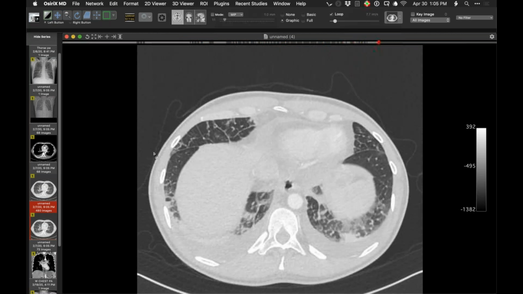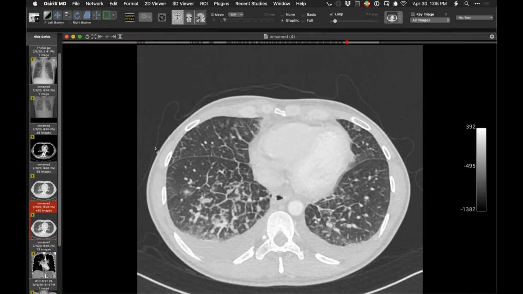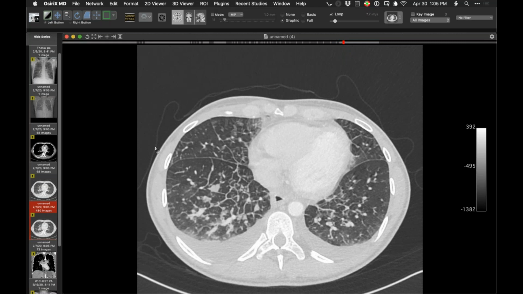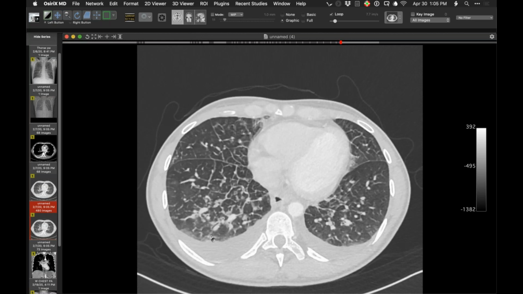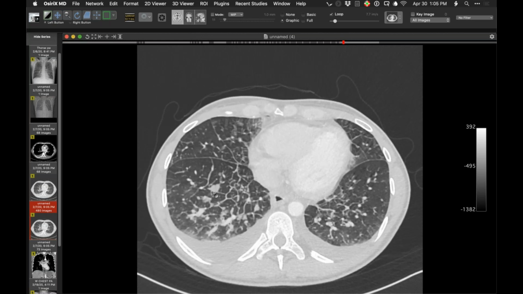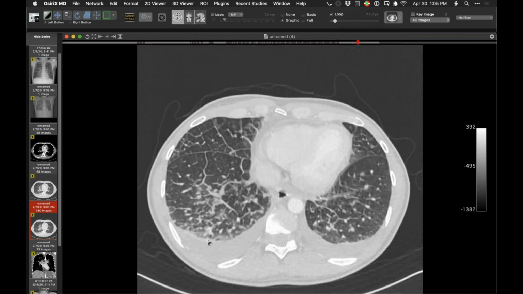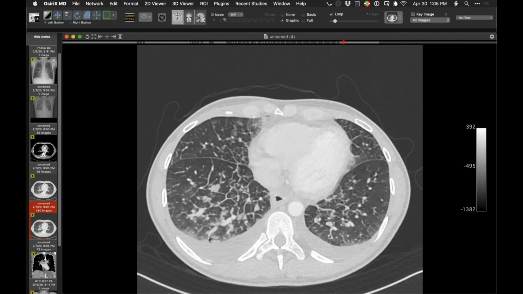So let me just go down here first, give you an idea how thick they are. In fact, in some locations, like down here, we have what we call septal lakes. So these opacities here that are somewhat rounded, somewhat oval shaped, represent very thickened interlobular septa.